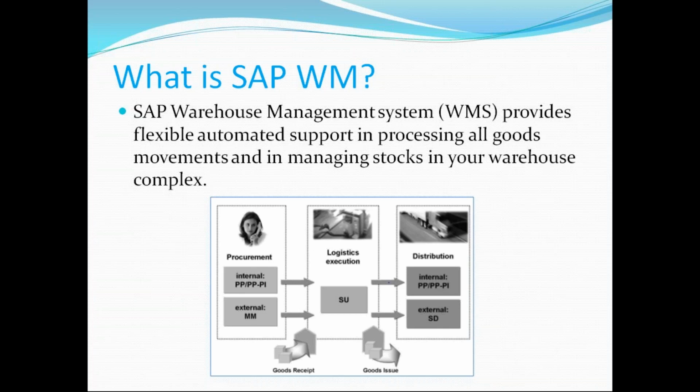Once the quality of the material is finalized, it will be put onto your warehouse management system. So your warehouse management is linked to various other modules and is not standalone. It is primarily focused on and dependent on the SAP SD module, SAP PP module, and SAP QM module.